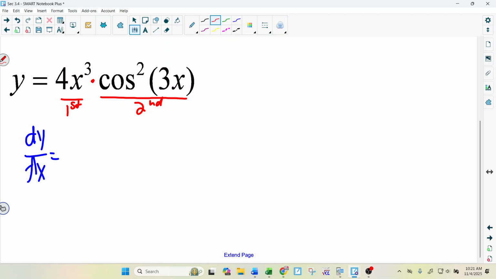Now, pause the pencils for a second and just look at how you know that. The important thing to understand when you're doing these is the difference between 4x cubed and the 3x inside the cosine or the square. Because the 3x is inside of cosine, right? And the cosine is inside the square.